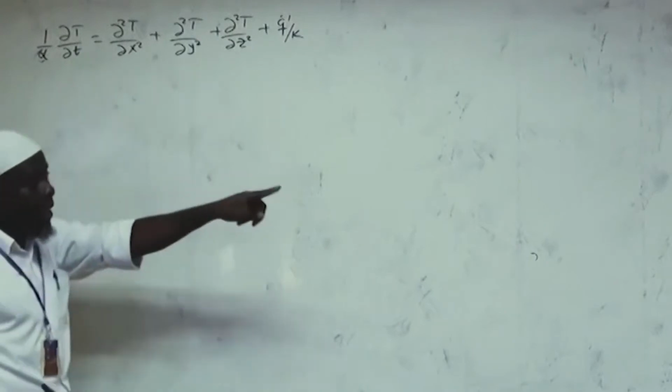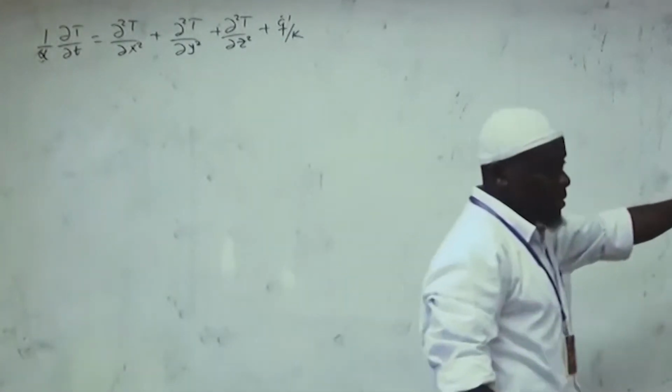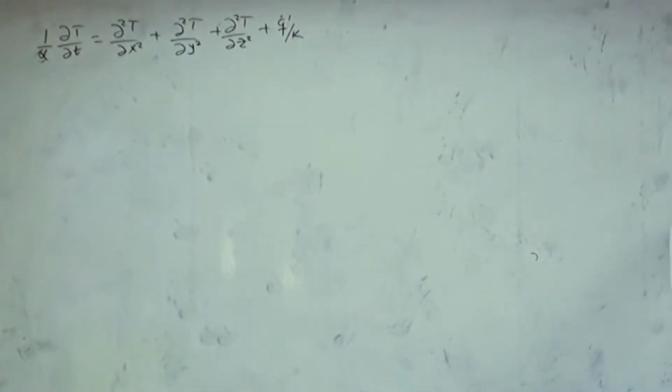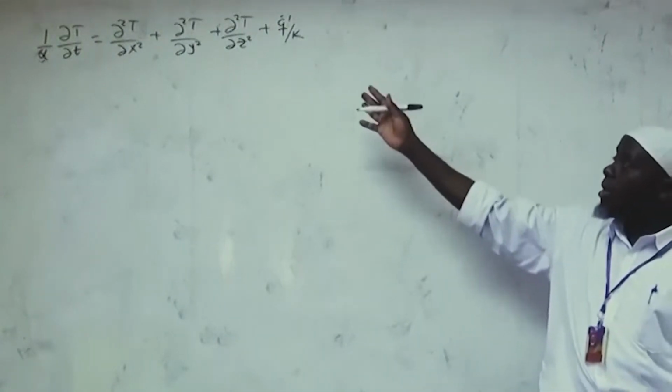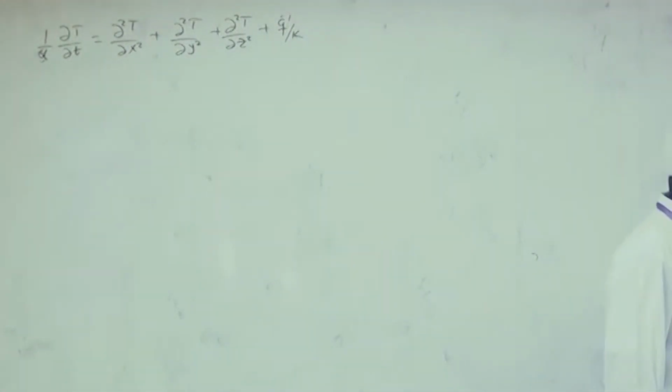So this is the equation related to the rectangular object. Heat transfer in three-dimensional coordinates, namely x, y, and z axis, and with heat generation, all the parameters. So we are going to apply the boundary conditions.